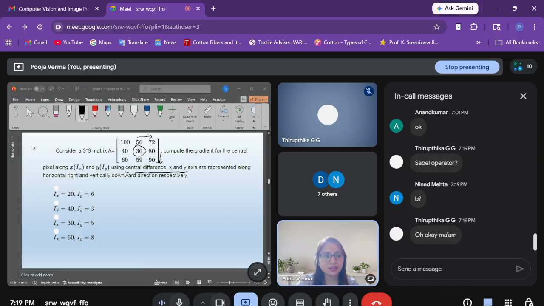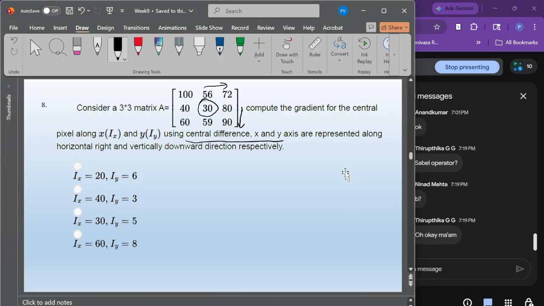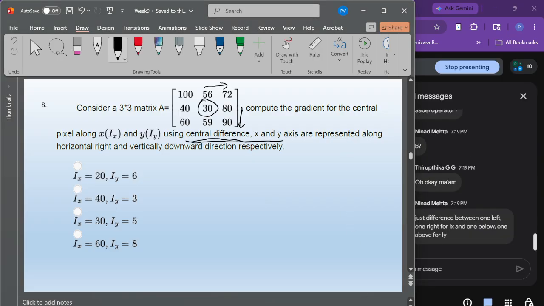Option B, Ninadipun. Okay, so here just focus on the question where it is written using the central reference. Just the difference between the one on the left and the one on the right, in both x and y direction. So here our central pixel is this one, 30, right?